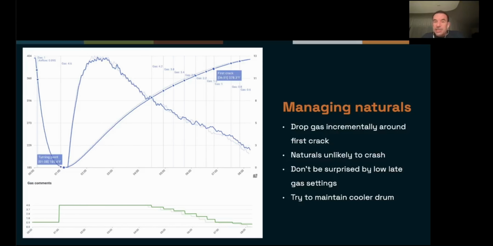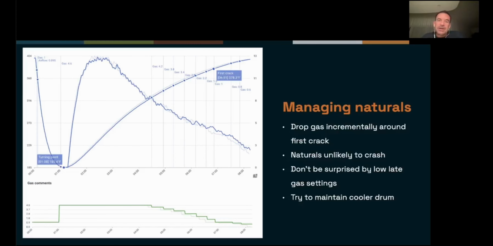When managing naturals, you can more or less ignore where first crack occurred and just lower the gas in lots of smaller, more frequent increments. Still base those settings on bean temperatures, but maybe about 30 seconds apart.